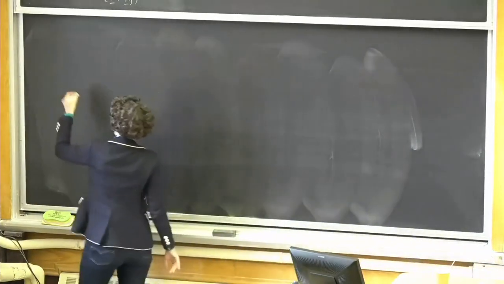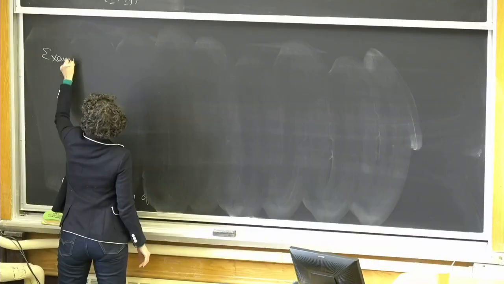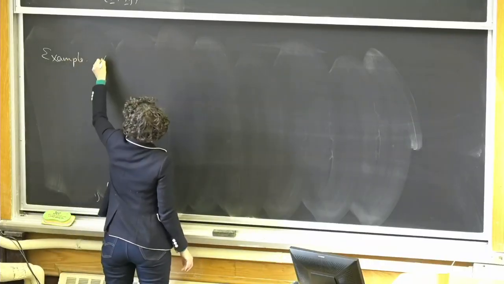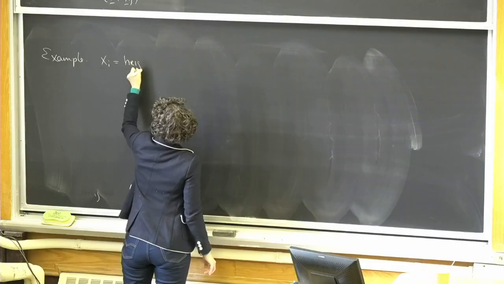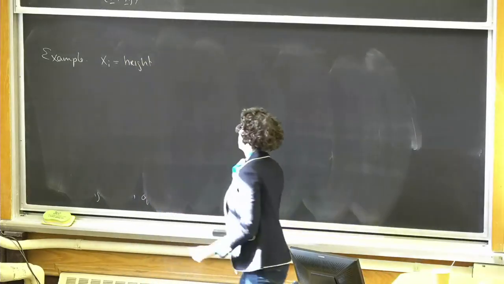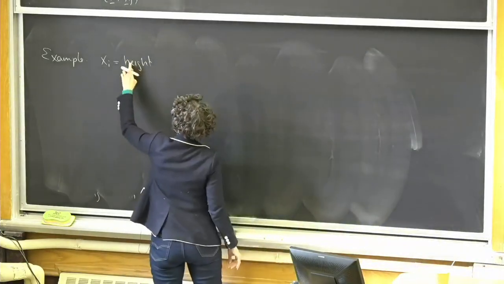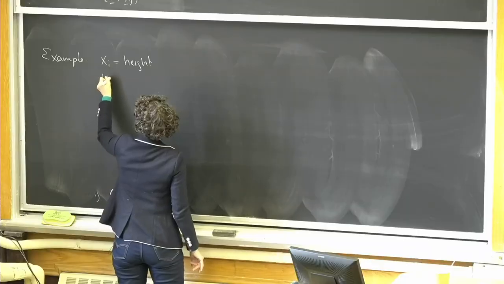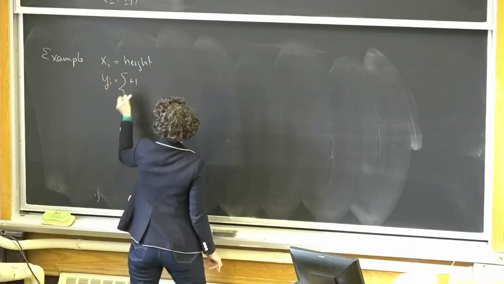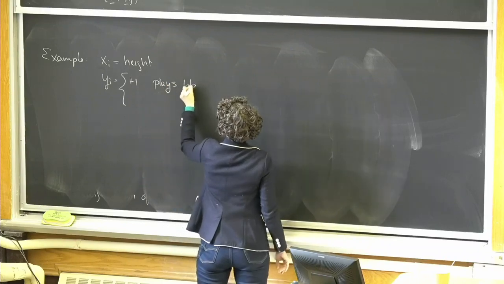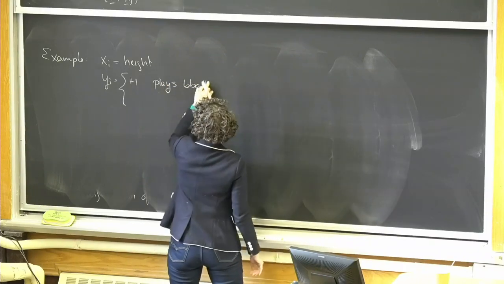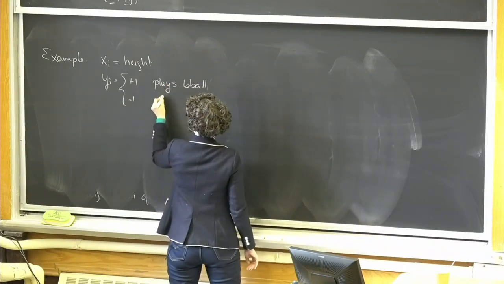Okay, so in this example, we are going to say that xi is equal to the height, and so it is just a scalar. And yi is equal to +1 if the person plays basketball and -1 otherwise.